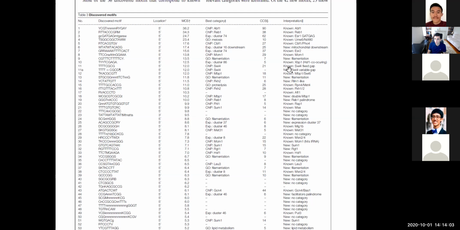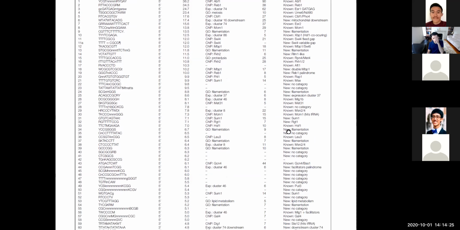And so on and so forth. So there were some new motifs for mitochondrial genes. This makes sense for why they were found downstream, because yeast is using those to target its RNAs to specific locations in the cell, specifically the mitochondria. And there were some new motifs for a REB1 palindrome, a double MVP motif, and so on.